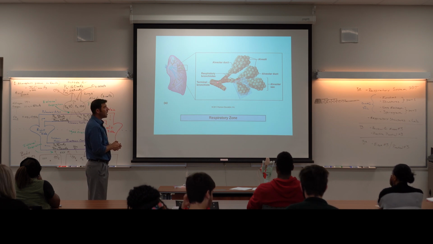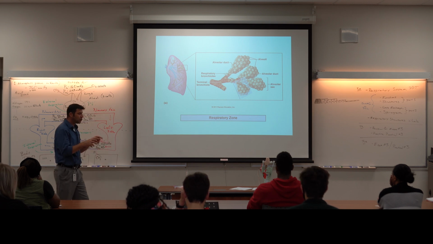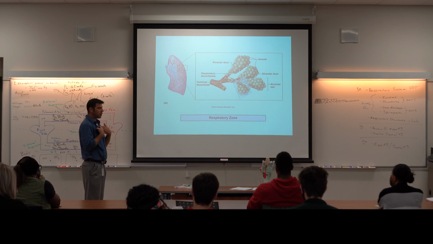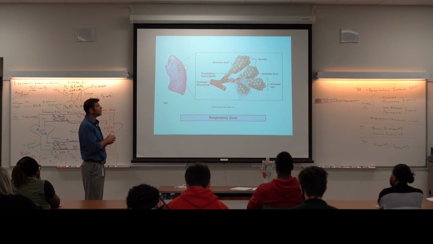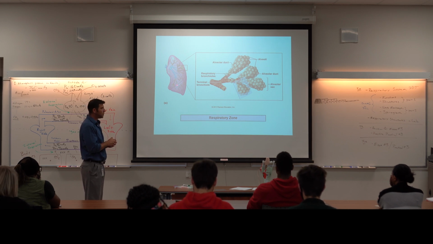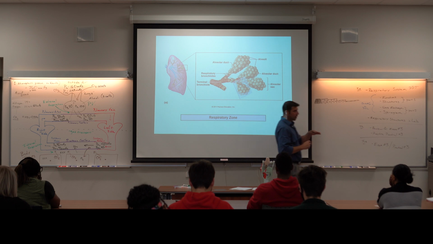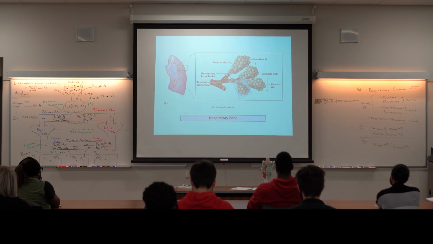Instead, all that is there is smooth muscle. So as we go into the lungs, cartilage decreases, but what increases is that smooth muscle. You'll see at the very beginning, like in the trachea and in the primary bronchi, there's very little smooth muscle. But as we get towards the end of the respiratory tree, there's an increasing amount of smooth muscle. You can see at the terminal bronchiole, there's no cartilage at all, there's only smooth muscle.